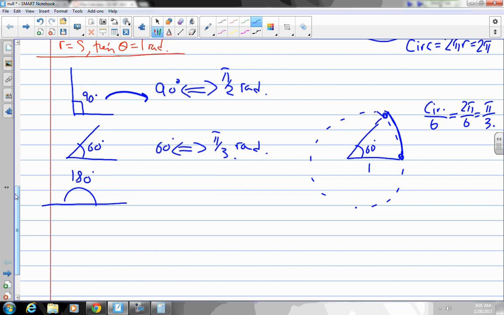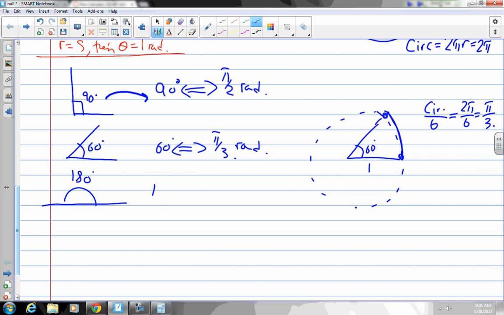Now the 180-degree angle. This one we can do really fast. It's either double a 90-degree angle, or triple a 60-degree angle, right? If I multiply the 90 by 2, pi over 2 times 2 is pi. If I multiply 60 by 3, pi over 3 times 3 is still pi.